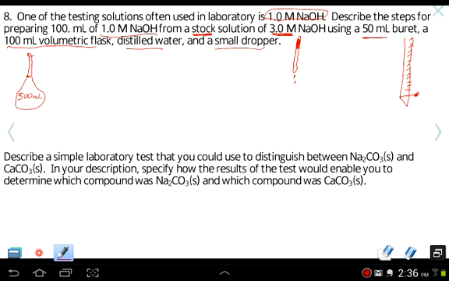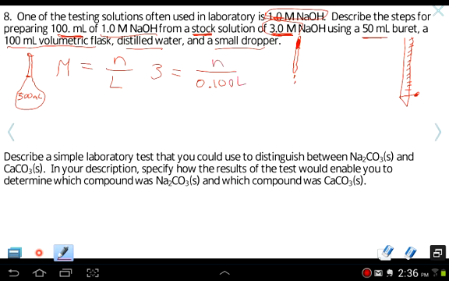Well, first of all, let's find out not the molarity, but the amount that we would need to form a 1 molar solution. So because we're beginning with a 3 molar solution, and we want a 1 molar solution, 100 milliliters of it, remember molarity is moles per liter, so our beginning molarity is 3, and we want 100 milliliters, so we want 0.100 liters of the solution.